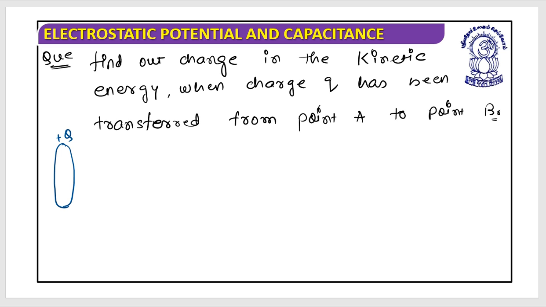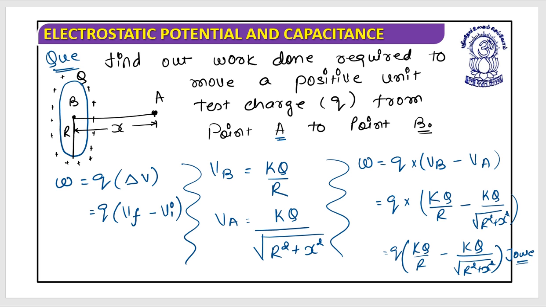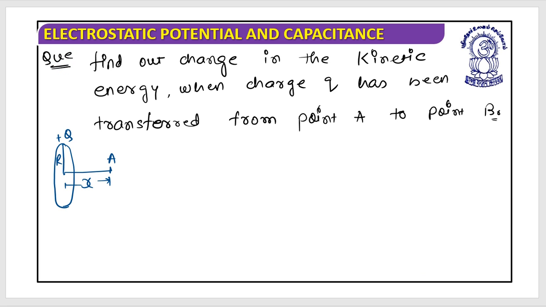This is having plus charge. This is its radius. This is the location. Yes, now which is A and which is B? Yes, A is at the axis and B is at the center.